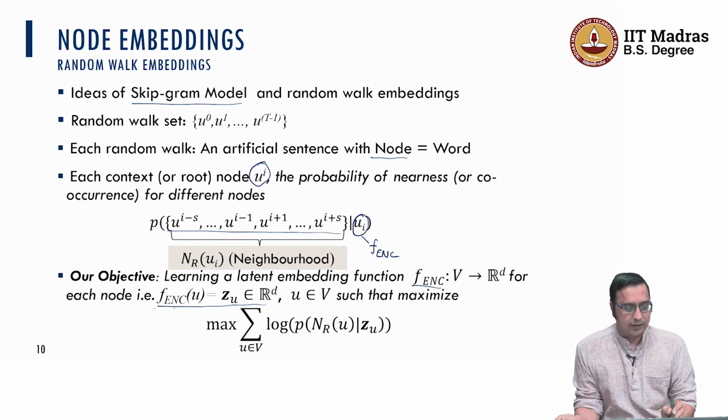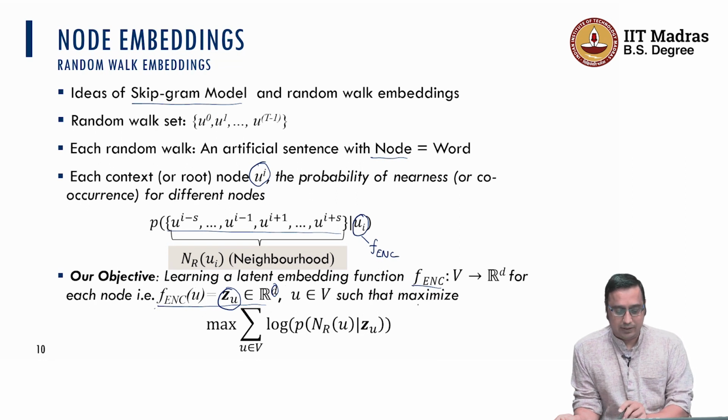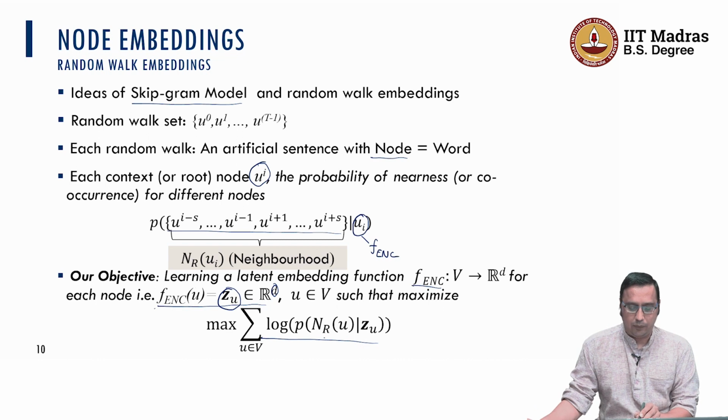It means we are interested in finding some lookup table Z where, when we apply f to u, it provides an embedding z_u of dimension d, such that we maximize this objective function, which is the log of the probability of N_R(u) given z_u.